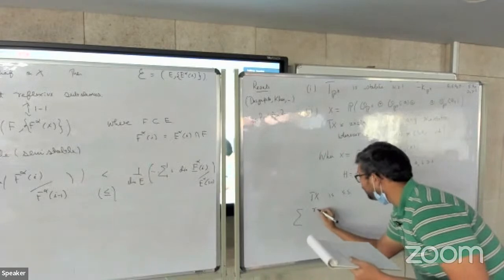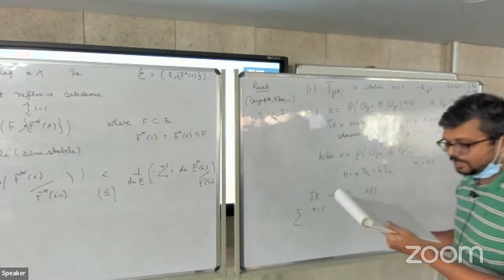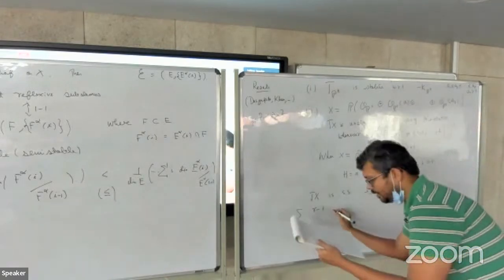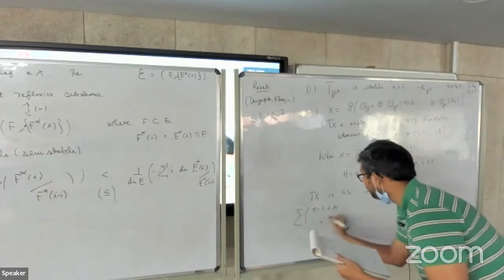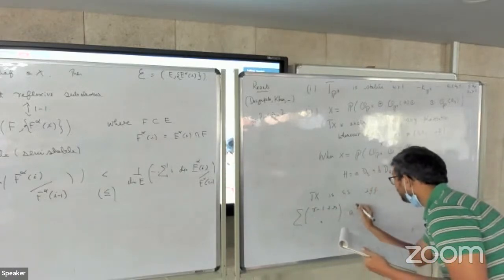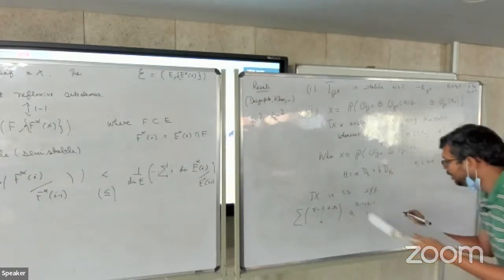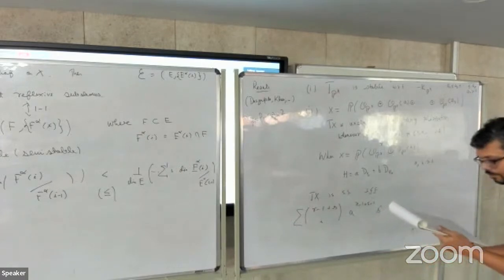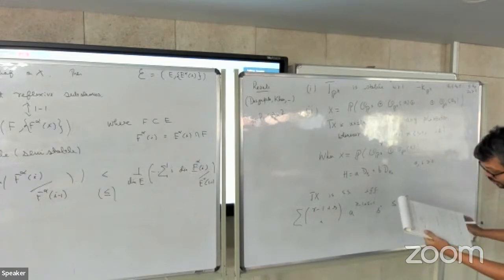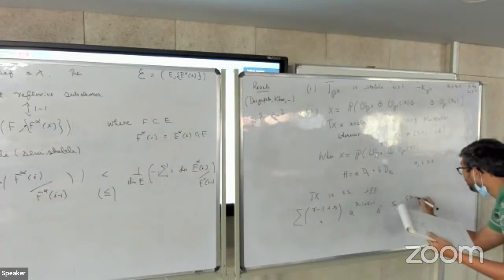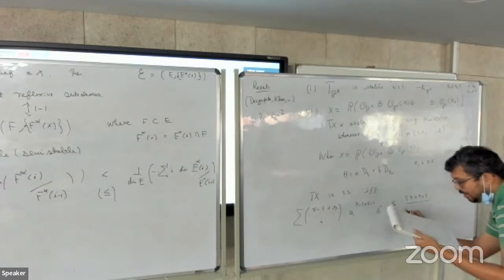It's a little complicated, but it involves r, s, a, b. I have some condition: the sum over i of binomial coefficients times a to the power r minus 1 plus s minus i, b to the power i, less than or equal to the corresponding sum involving r plus s. I think I have noted it down correctly.